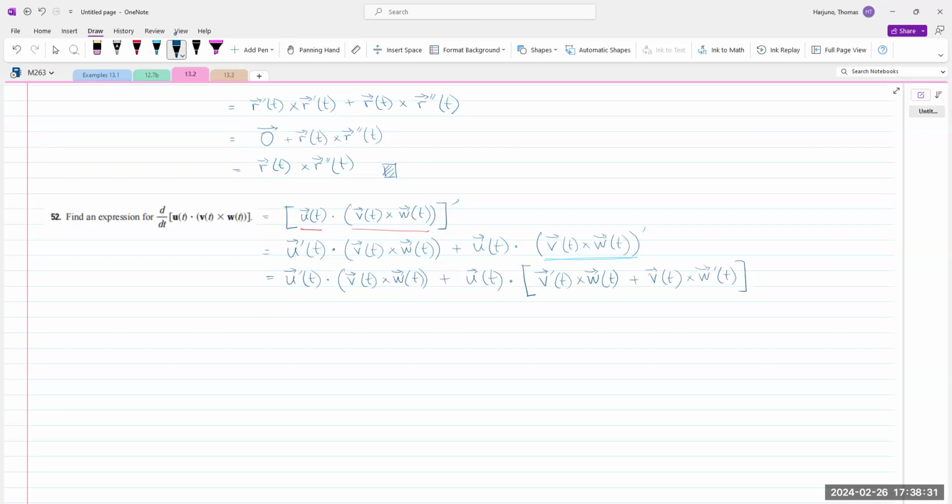Now, of course, I need to distribute the dot product, right? So this is u'(t) dot phi cross w plus u dot phi' cross w plus u dot phi cross w'(t).